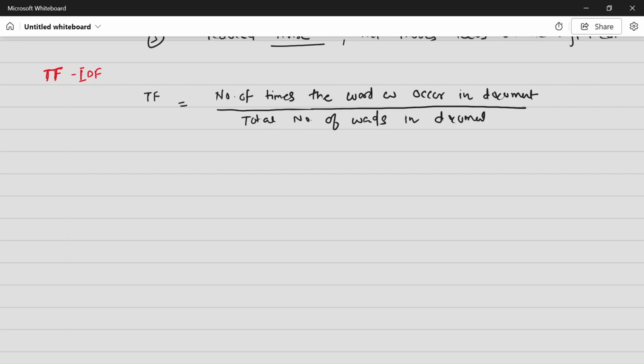So in short, you are just calculating the frequency of that specific word.